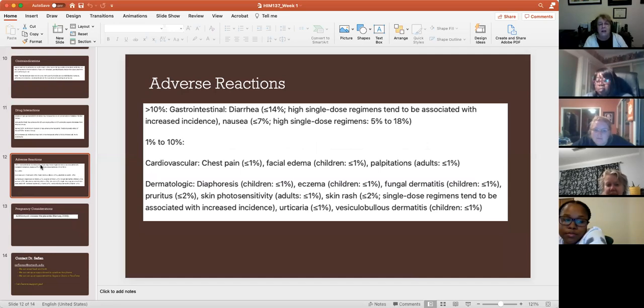All right. There's going to be a section on adverse reactions. Now you'll notice that this says, for example, greater than 10% of the individuals taking azithromycin have gastrointestinal effects, as in diarrhea, which is less than or equal to 14% of these people, and then nausea, less than or equal to 7%.